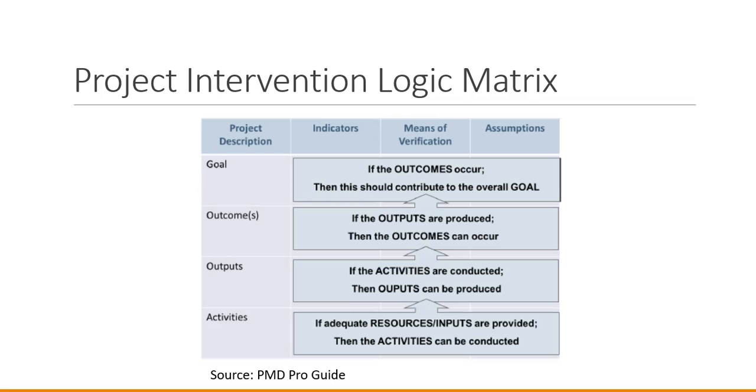Now let's look at the project intervention logic matrix. This is a matrix that we use to build up from activities to outputs to outcomes to our ultimate goals. As an example, we might be working in an education program, and activities, things that we're doing, supplies that we're purchasing, can lead to outputs, building schools.